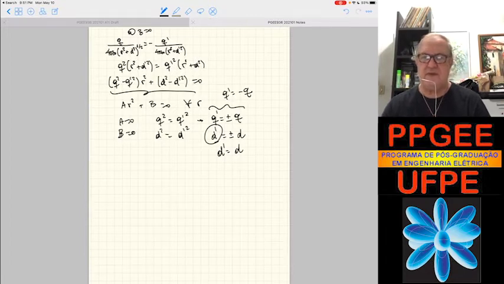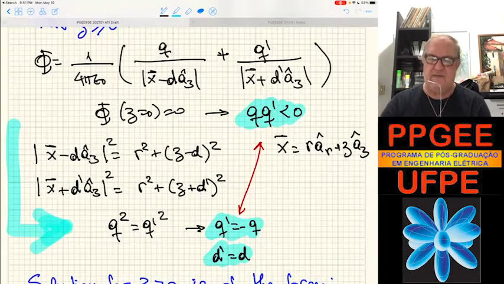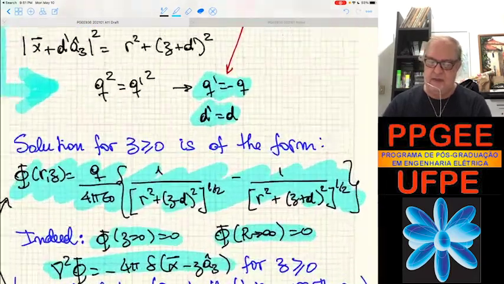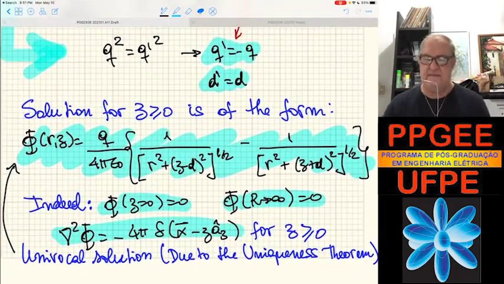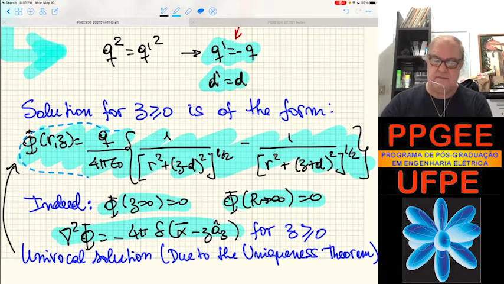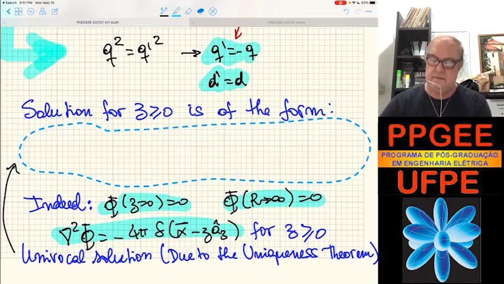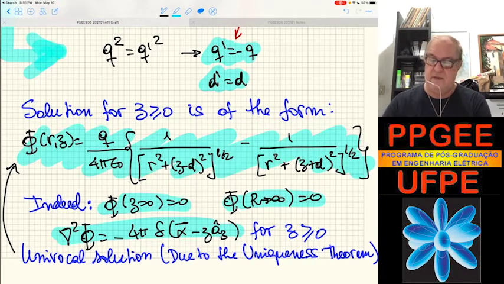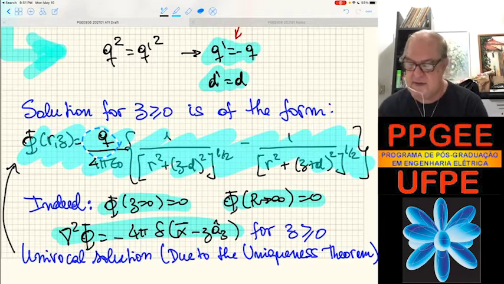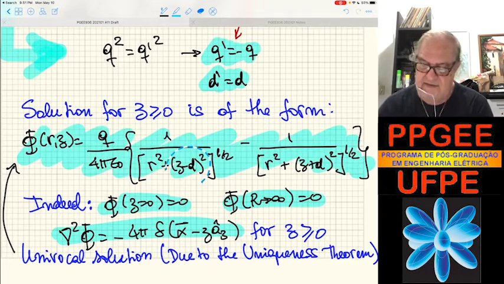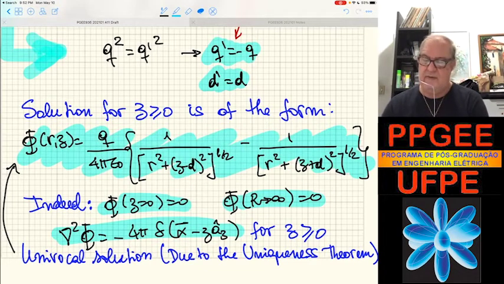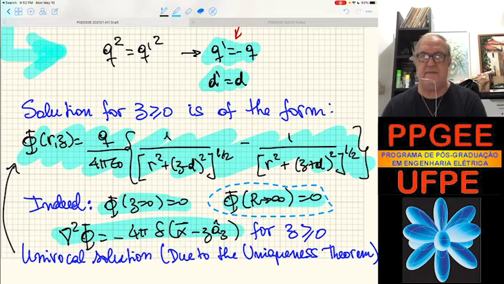So is this the right solution? Well, let's look at the solution after we do that substitution. That's how the solution looks. We have a minus here, Q is factored out, and here you have z minus d, z plus d. So potential at infinity goes to 0 as originally stated.